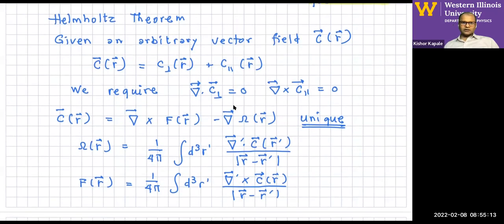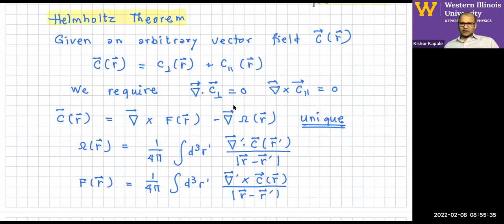So let's now move on to the next topic, which is the Helmholtz theorem, which is crucial for what we are doing in E&M. The question that you can ask is, what do I need to know to determine a vector field completely in a given region of space?